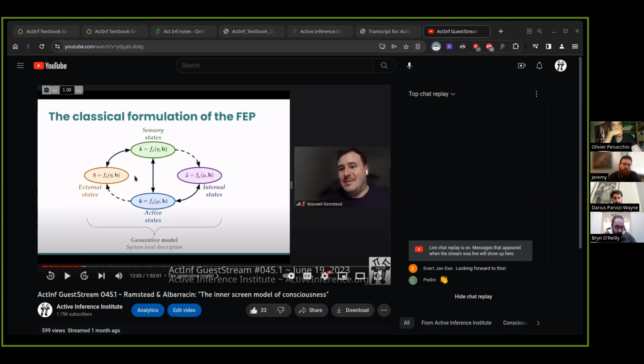So whether or not you focus on these 3 on the right and call it a generative model, and this is a generative process, or whether you call all 4 the generative model, at the end of the day, the variables are defined the same way, and the variational and the expected free energy are still regarding the autonomous states with respect to the sensory states.